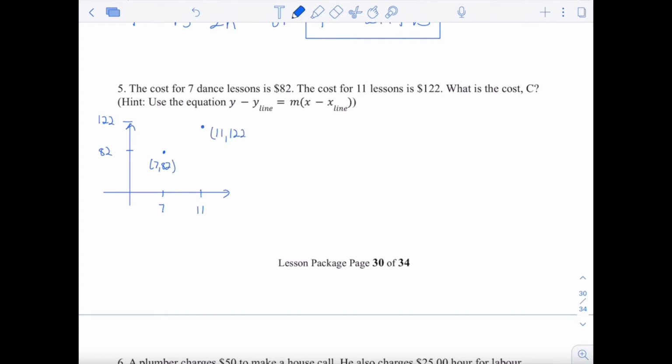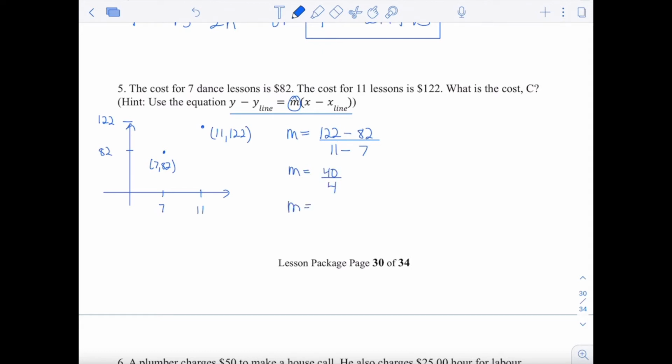So what I need to do then is figure out the slope. And I'm going to use y minus y1 equals m times x minus x1 for this equation. First, we know that the slope here, and it is linear, can be calculated using y2 minus y1 over x2 minus x1. So I'm going to get 40 over 4.